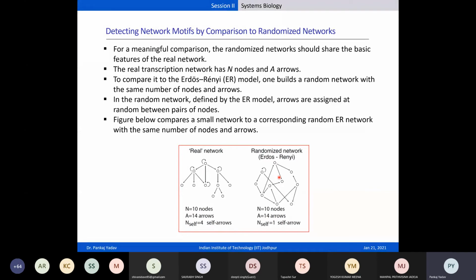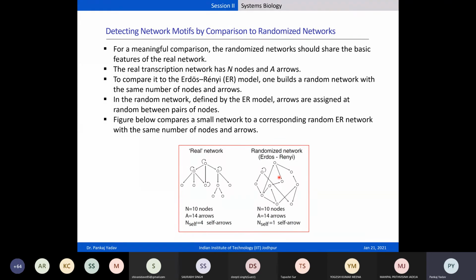One thing I want to tell you is that when you say random network, this is not a single network. This is an ensemble of networks. We have thousands of networks that you categorize as a random network.